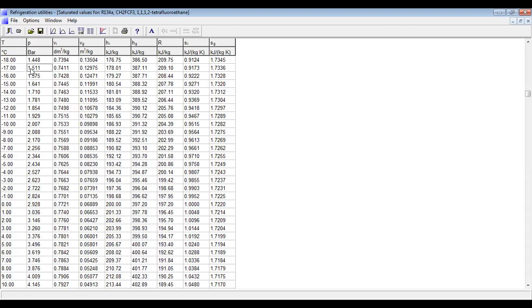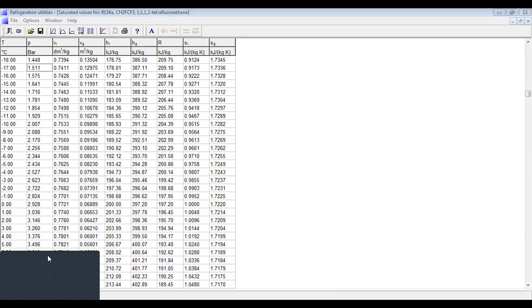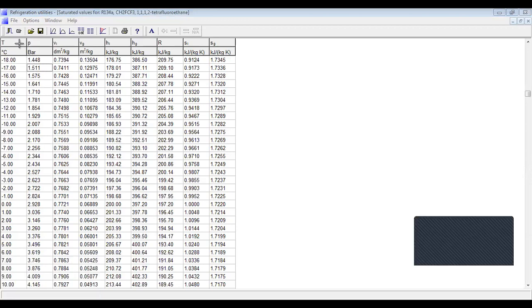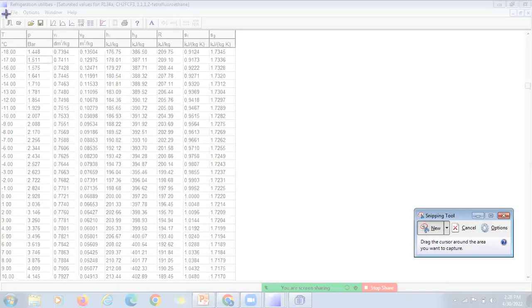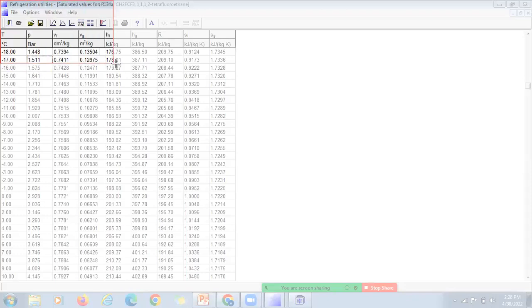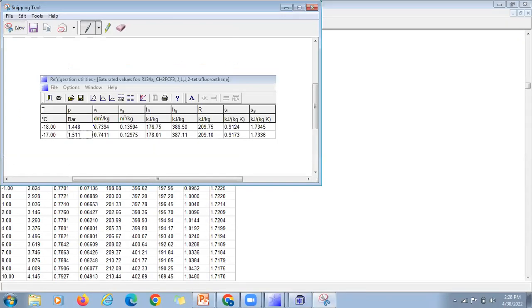So at 1.448, it is minus 18. At 1.511, it is minus 17.